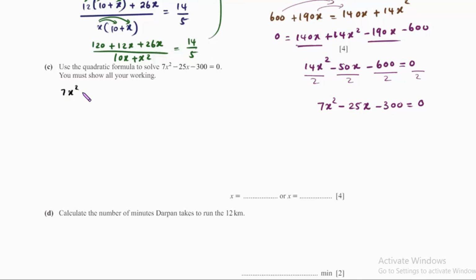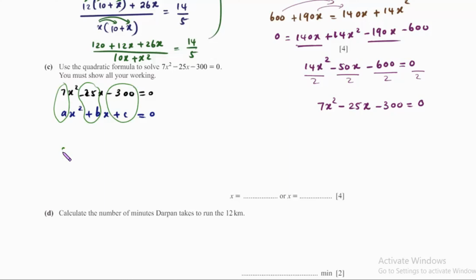So in 7x squared minus 25x minus 300 is equal to 0, and the quadratic equation is of the form ax squared plus bx plus c is equal to 0, which means the value of a is 7, the value of b is negative 25, and the value of c is negative 300. So I know what a, b, and c are.